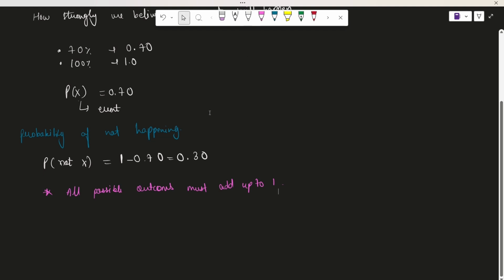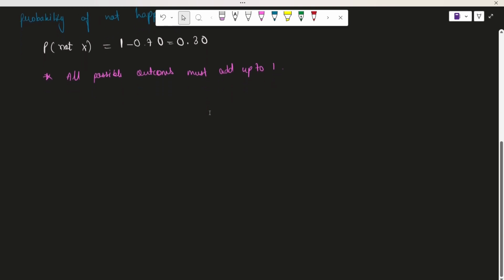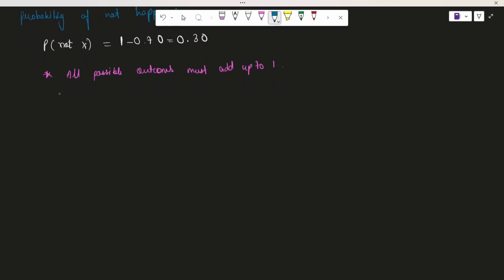So let's talk about the difference between probability and likelihood. Here we have two terms. First is probability and second is likelihood. Very often we have seen people use these two terms as the same, but there is a difference.